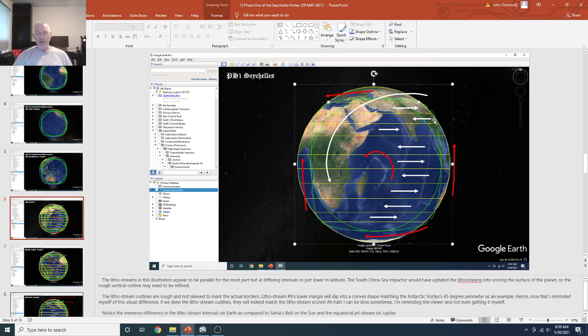And all of them would be similarly arced by ratio as they reach the center, reducing the extent of the arc as they get closer toward the equator, right?